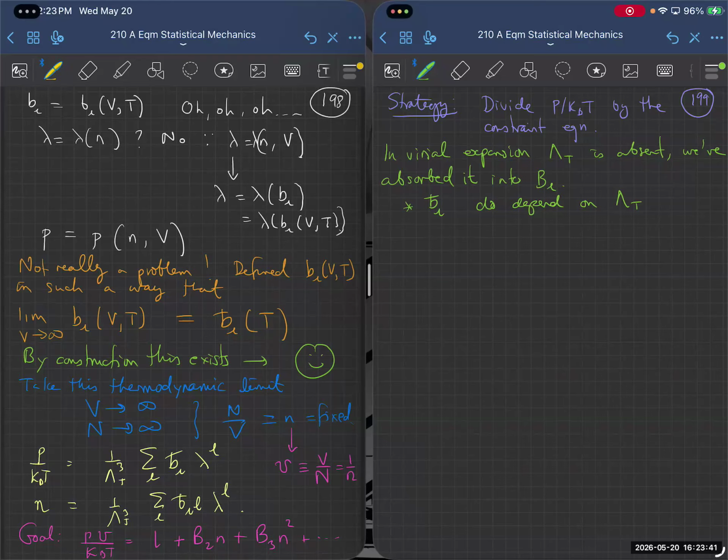So they do depend on lambda_T, and from that you can see that if I define the coefficient a_L of T times lambda_T cubed to the power L minus 1 to equal b_L, then we will end up with a result that doesn't depend on the thermal de Broglie wavelength.